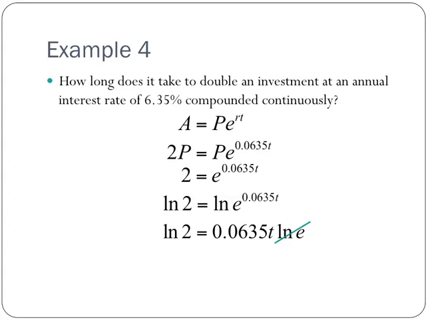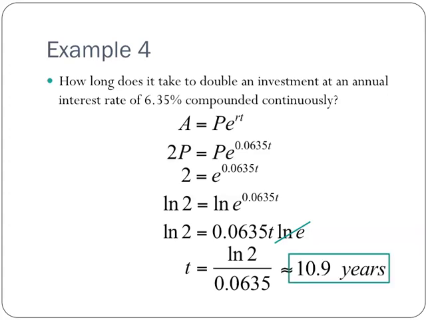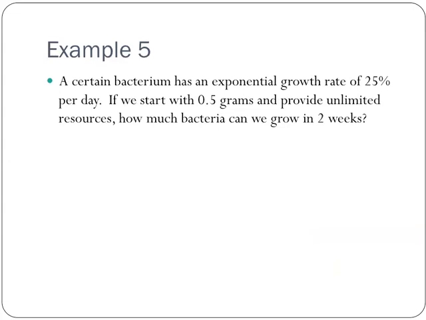So divide both sides by 0.0635. So ln of 2 divided by 0.0635 comes out to be about 10.9 years or so. So it actually doesn't matter how much you're investing. If you just want to know how long it's going to take to double that investment, it's still going to take about 10.9 years.